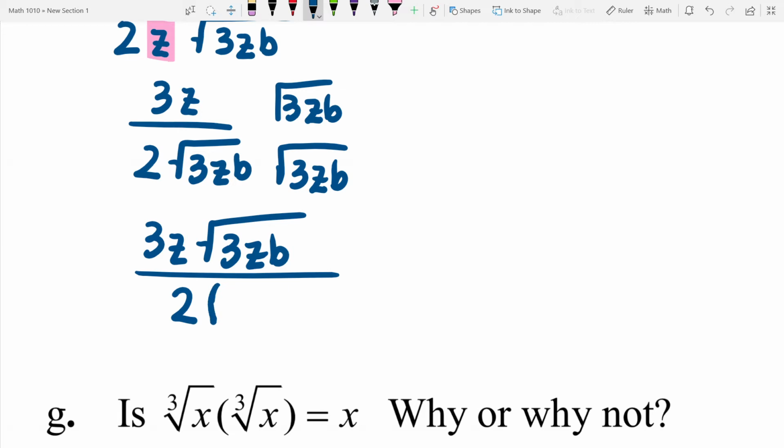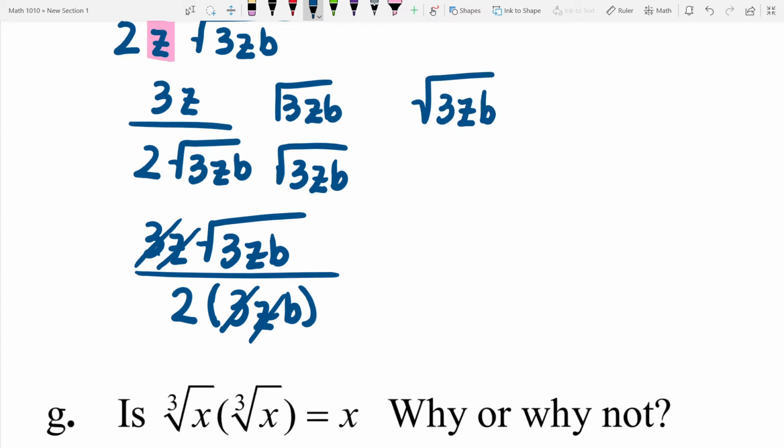So everybody go 3zb. But now look. You've got a 3 on the top and a 3 on the bottom. Cancel those out. You have a z on the top and a z on the bottom. Cancel those out. So now your answer is the square root of 3zb over 2b, and you're done.